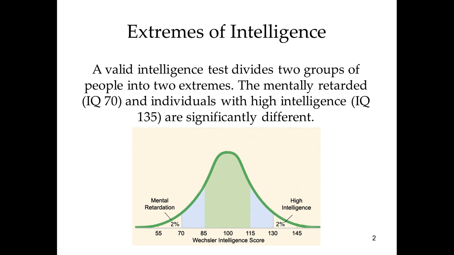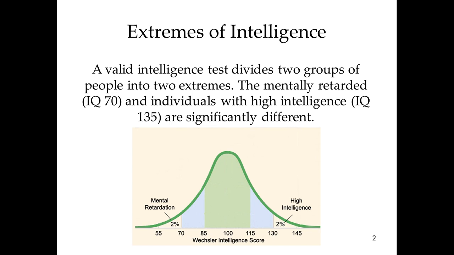So in this visual right here, this is the distribution of scores on the WAIS, which is the Wechsler Adult Intelligence Scale. So it averages at 100, right? We norm the test so that most people that take it are going to get a score around 100, right? That's the average.